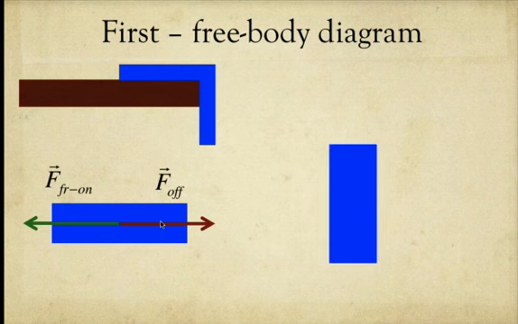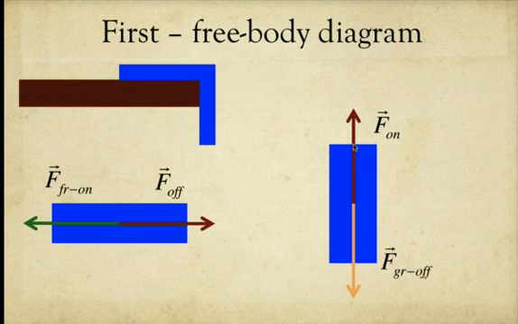The off part, on the other hand, every action has an equal and opposite reaction, so the on part is tugging back on the off part with this force, and there's also the force of gravity on whatever that mass is, times g.